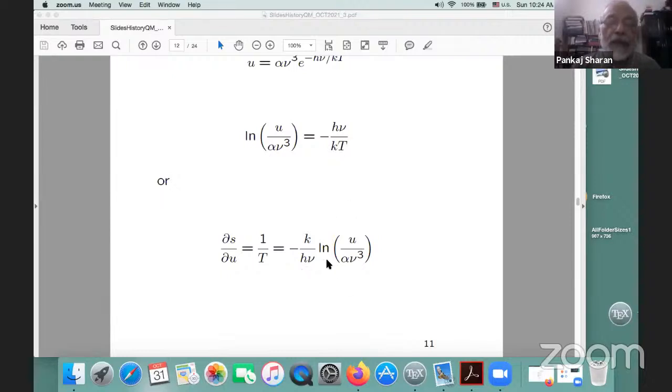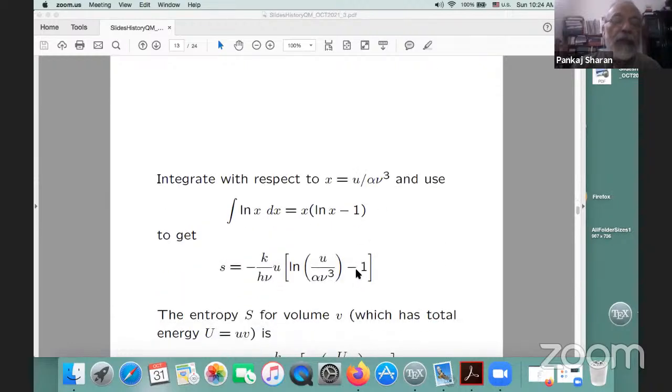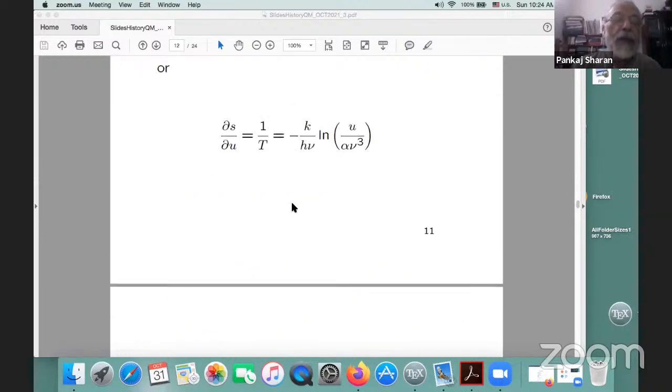From here, log of u divided by alpha nu cube. Okay, and this is integrable. You can easily integrate this with respect to u, so that you can get s as a function of u.